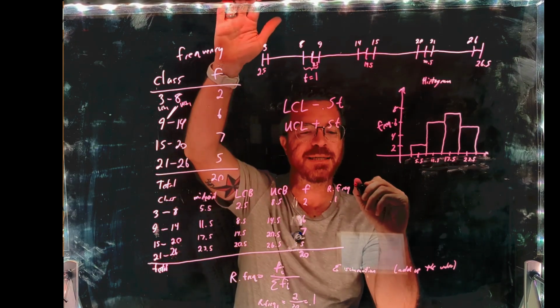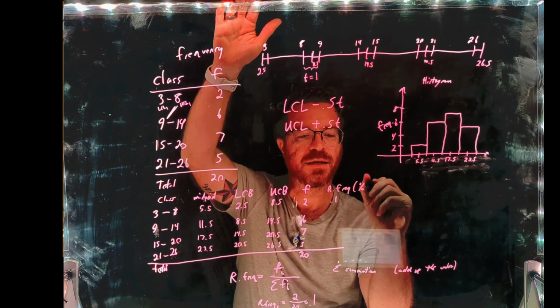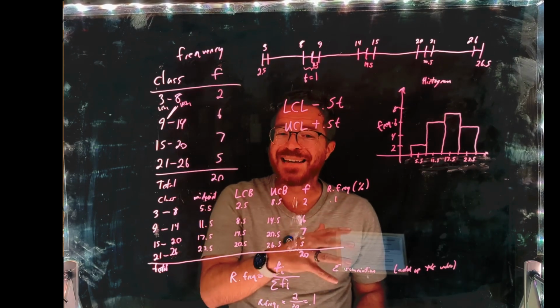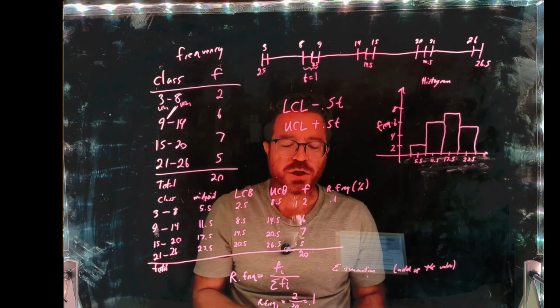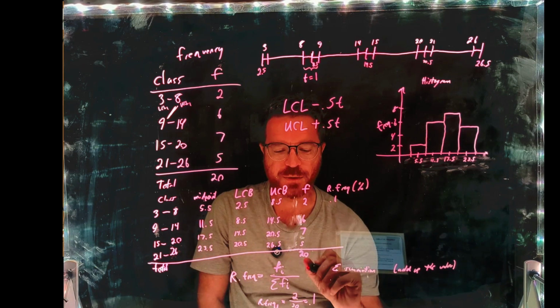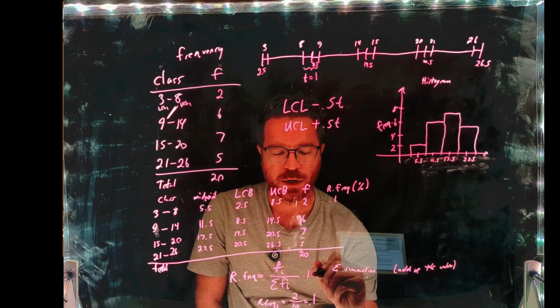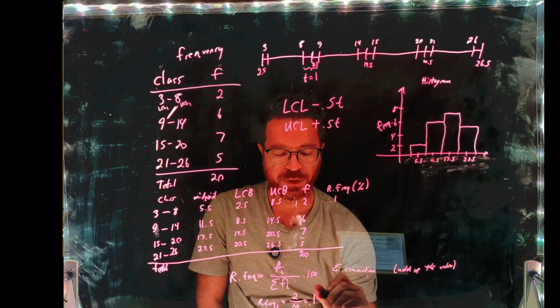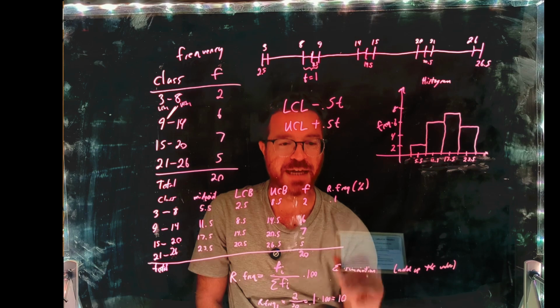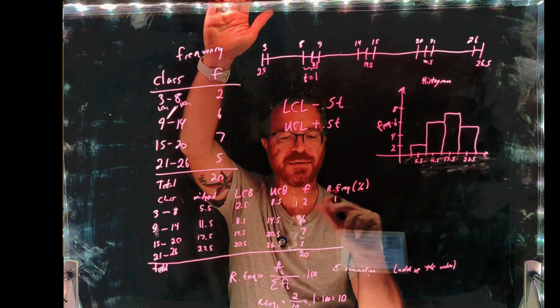You might see something like this, parentheses, percent. That just means they want the data in terms of a percentage. If that's the case, all you do is take your value and multiply it by 100. So in this case, 0.1 times 100 would give us 10, or 10%.